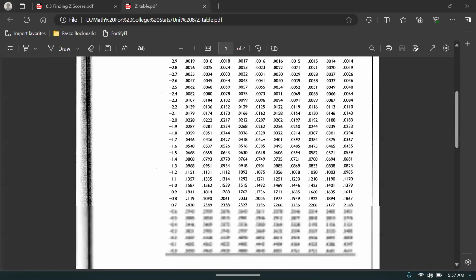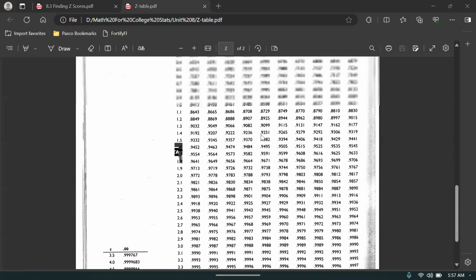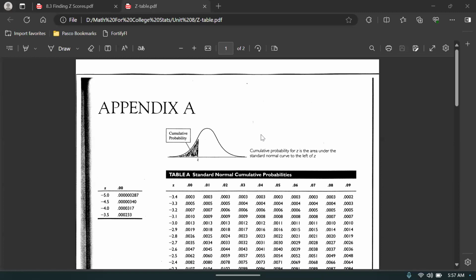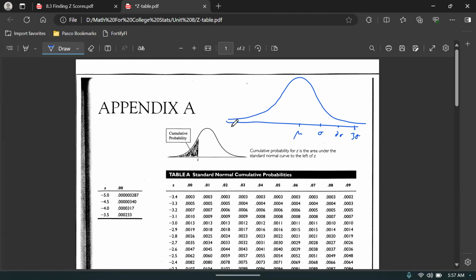So what we mentioned last time is that any normal distribution, with any kind of mean or any kind of standard deviation, can be converted into a standard normal distribution, which basically converts whatever your mean is, whatever your standard deviation amount is, to 0 and 1, putting the mean right on top of 0 and a standard deviation measuring exactly 1.